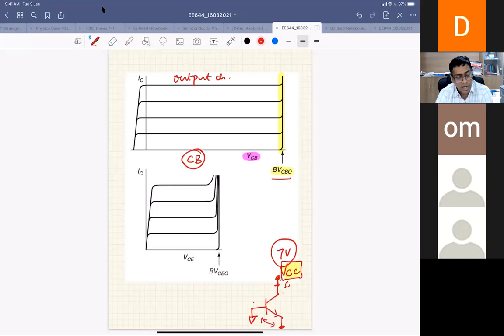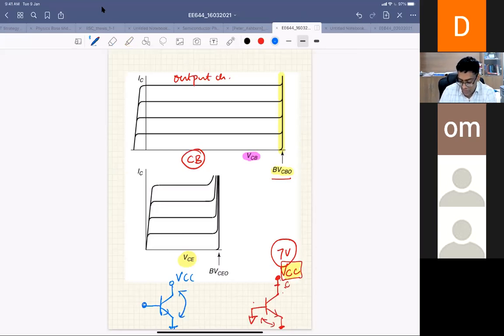Similarly, when you're operating in common emitter configuration, your output voltage is VCE, because your emitter is common. You're giving your input voltage, your VCC is here, and the output voltage is VCE.